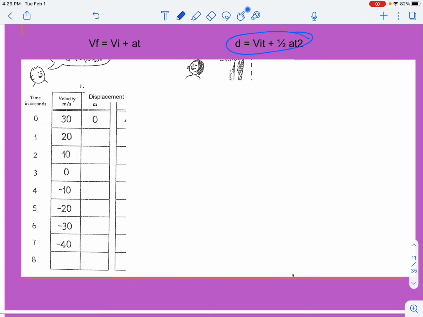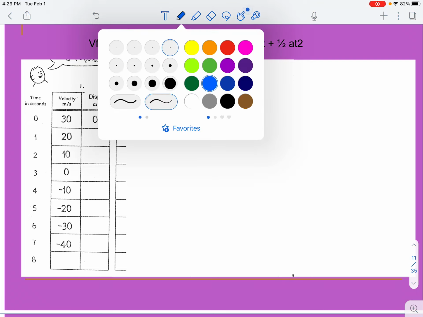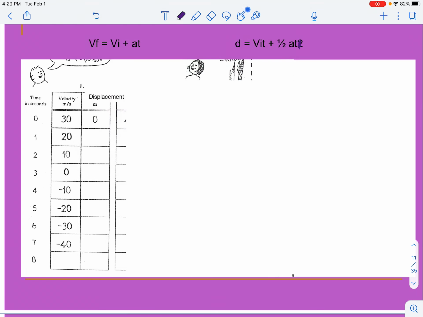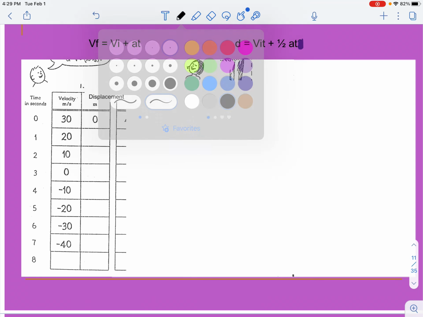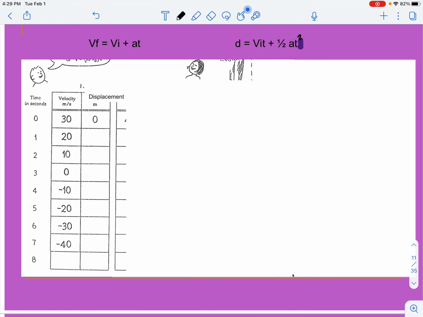I've already put on the screen for you the equation that we want to use, and whenever I pull my notes into Notability, it just doesn't always handle that font correctly. So let's change this real quick, and instead of this being t times 2, that is incorrect. It's supposed to be t squared. So make sure you know the difference between these whole numbers that we're multiplying by and our exponents.